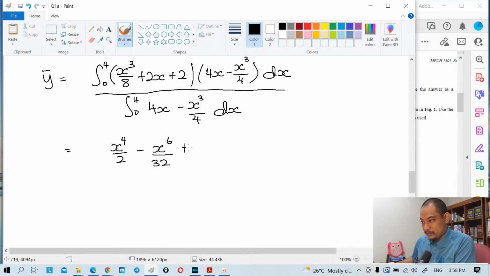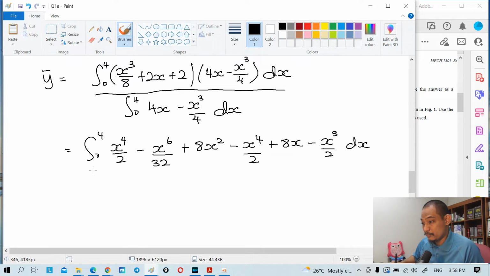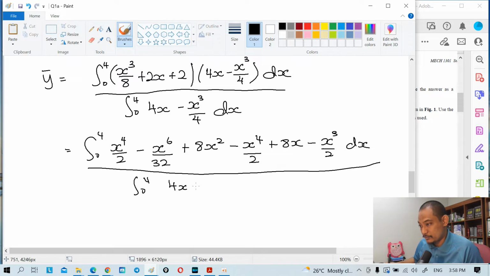And then plus 8x squared minus x to the power 4 over 2, and then plus 8x minus x cubed over 2. This whole thing from 0 to 4 dx, over the integration from 0 to 4 of 4x minus x cubed over 4 dx.